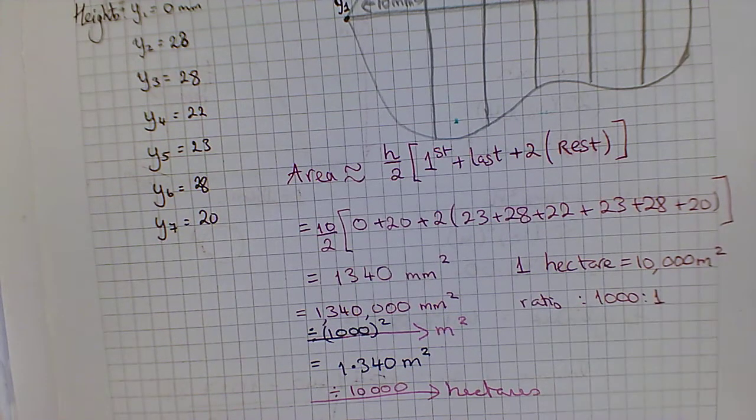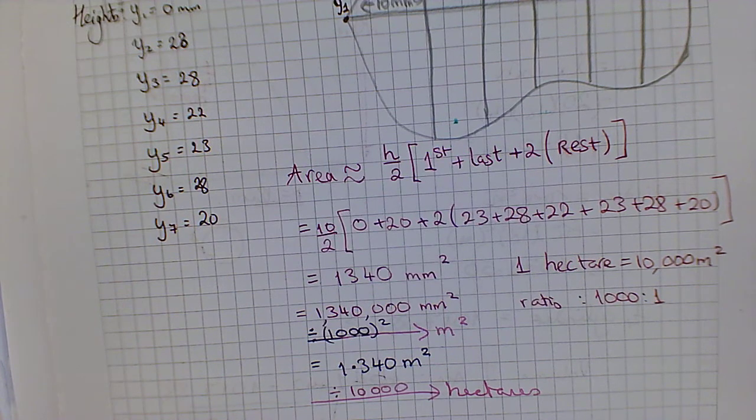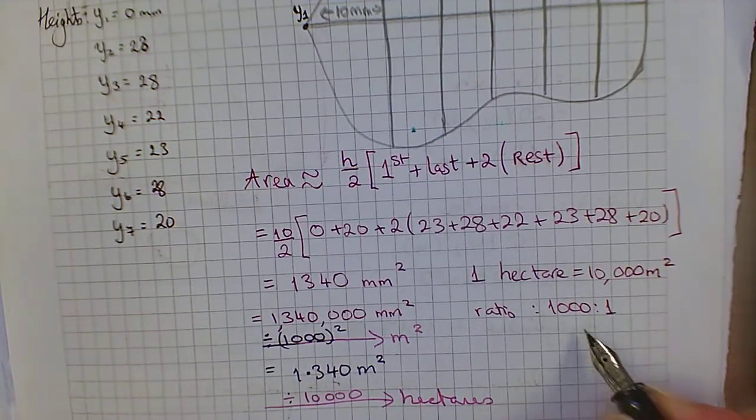1 meter squared. No, sorry. I think I've gotten something wrong in my conversion here. Ah, yes, I apologize. So the ratio was in meters to millimeters.